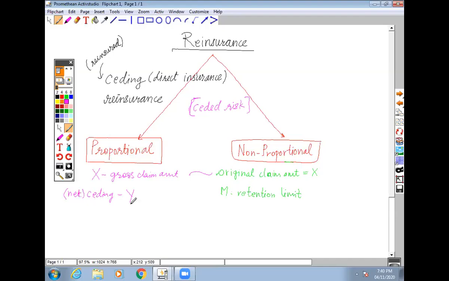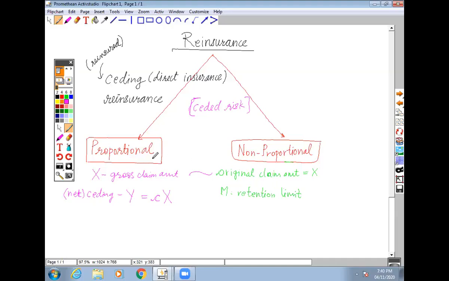But net, again, the same thing is going to happen here as well. The amount of claims that the ceding company will have to incur will be some proportion of X, not all of X, always. What we saw in non-proportional was that only if my claim amount exceeds the limit M, then the reinsurance company will chip in and pay the rest of the claim amount.